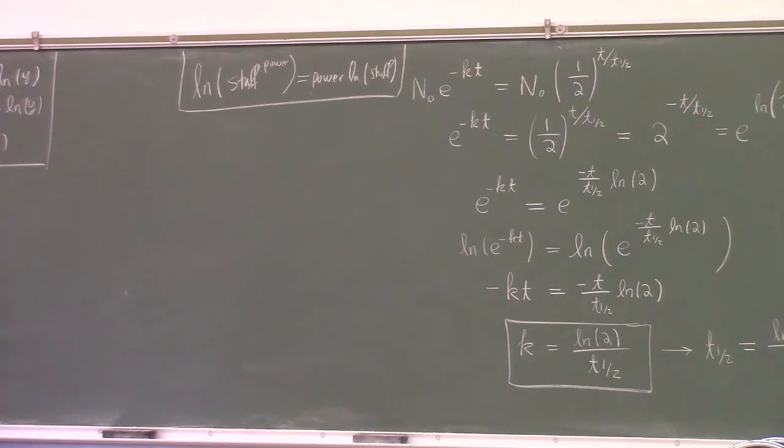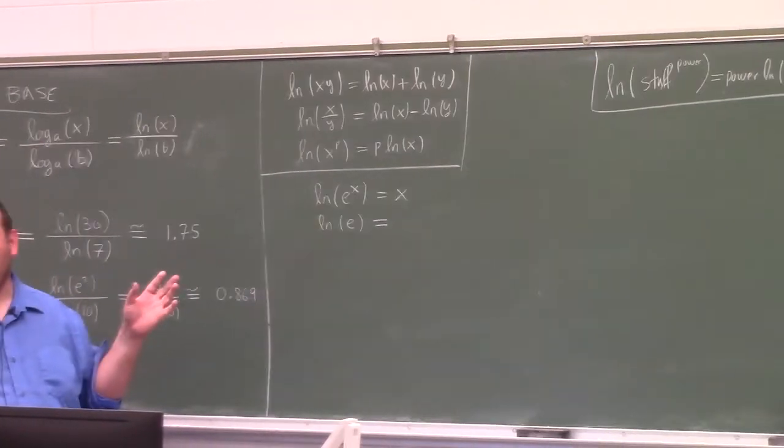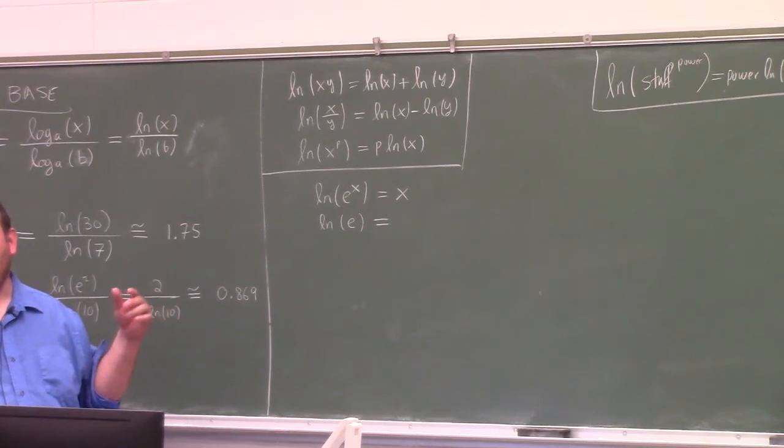And then we have other stuff, right? Like the natural log of e to the x is equal to x. That's another nice one to know about. What else do we know? Natural log of e is just what? It's really just a special case of the formula right above it, like x equals 1.